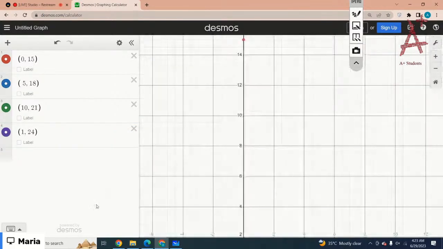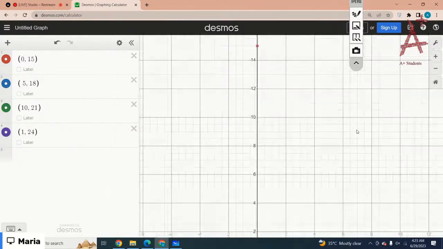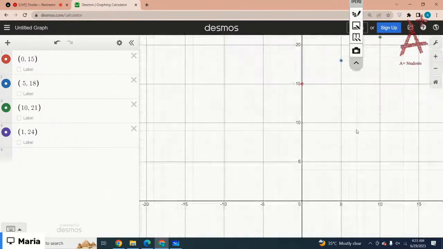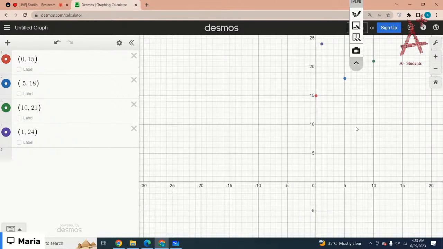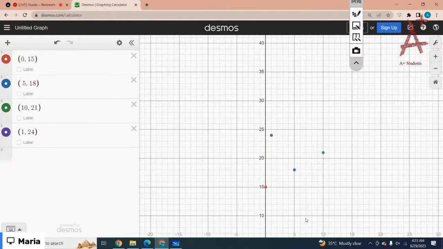Okay, where are the points? Okay, you can see here are the points on the graph. Got it? You can plot the graphs like this and then join them to make a line. Got it?